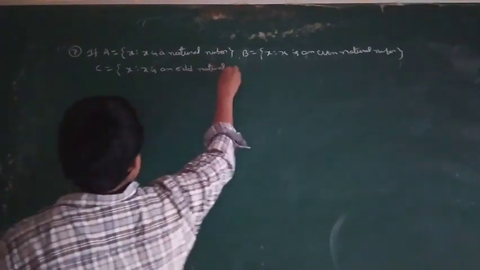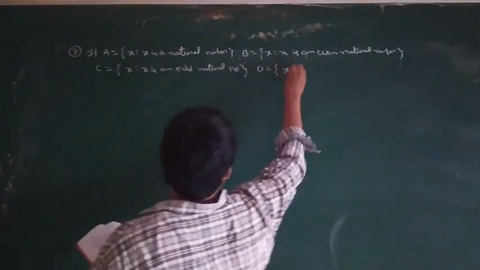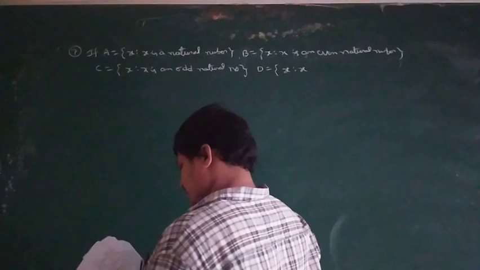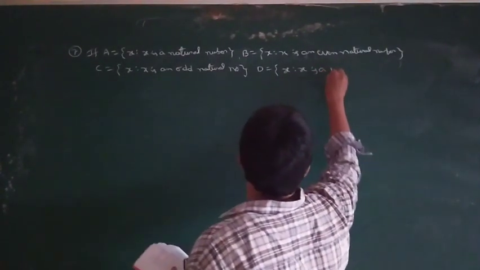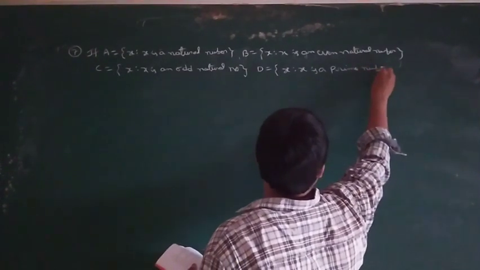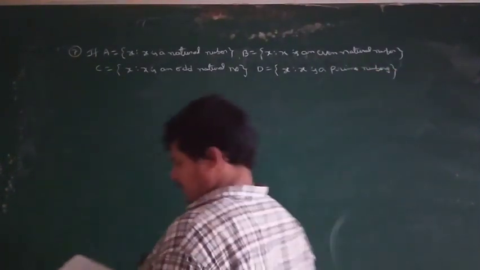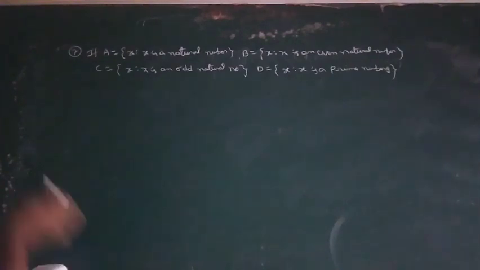So D is equal to set of all x such that x is a prime number. This one. So A intersection B, A union B.